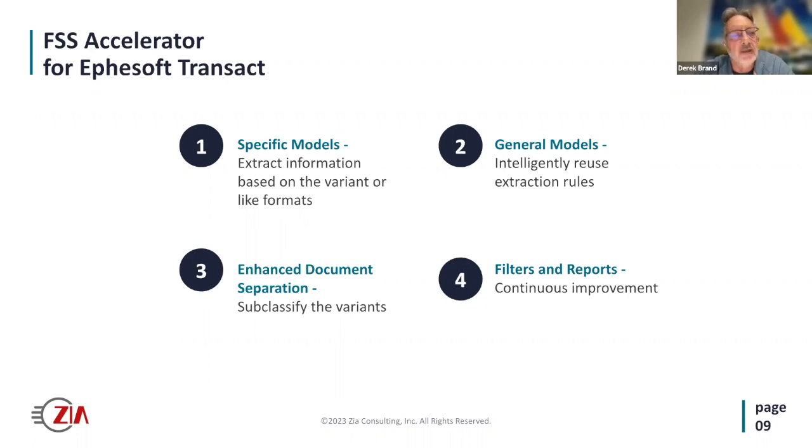And the nice thing about that is when we classify a document using that general classification format, we intelligently rerun all of the rules for all of the header fields and the tables, if they're in scope, across from all of the specific templates that we've built, and we rank them.